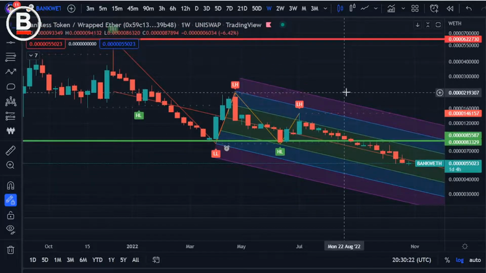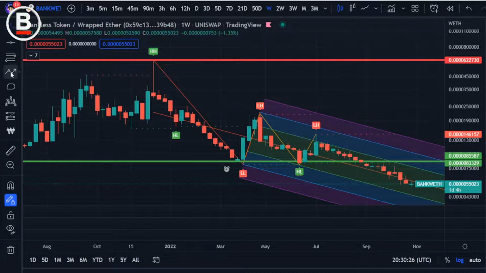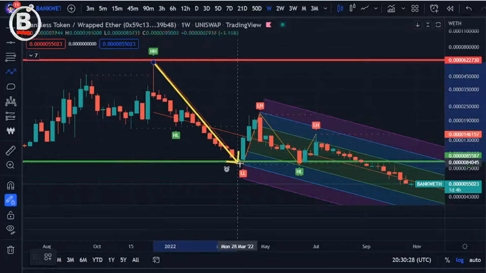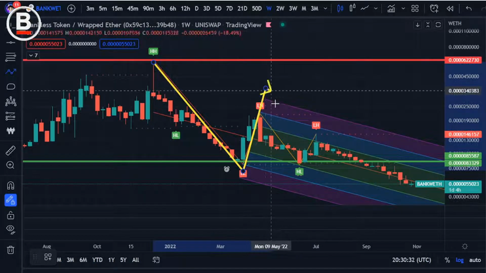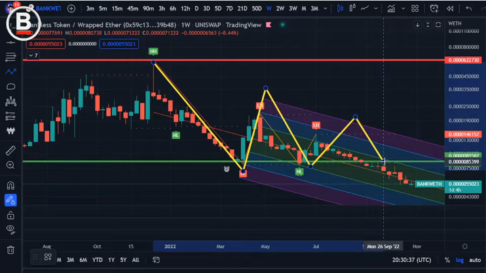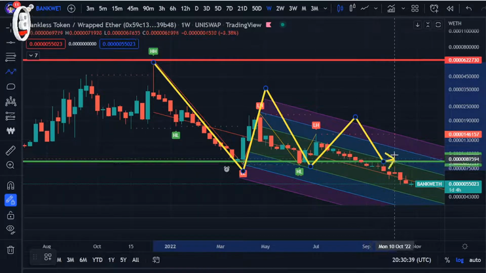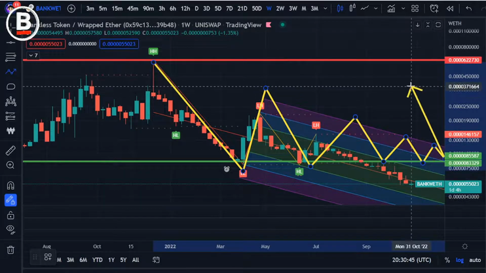There's another pattern I don't really need to get into, but it's essentially a wedge, and a wedging pattern could be something essentially like that. It kind of just keeps going till it breaks one way or the other.